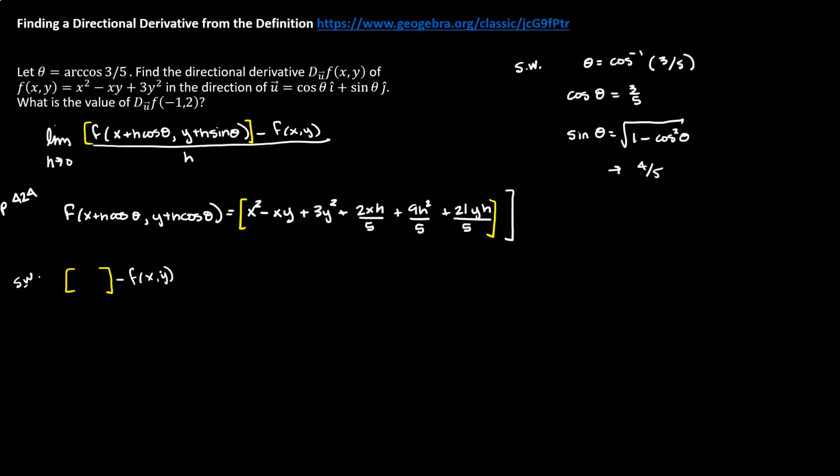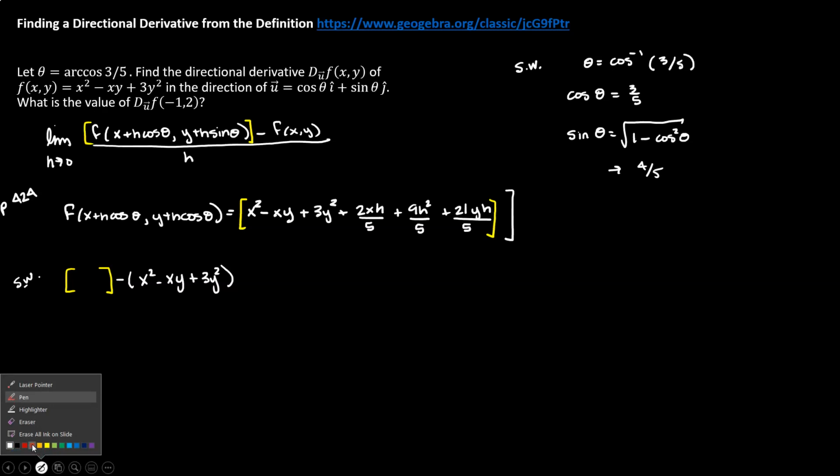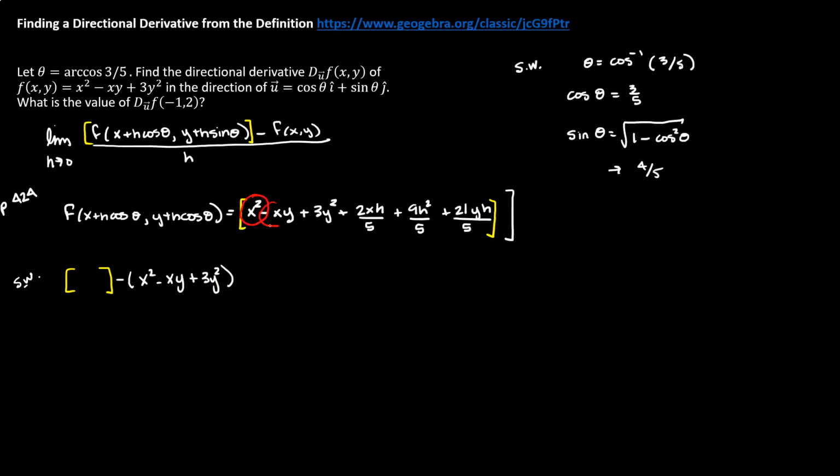Remember that f of (x, y) has the terms x squared minus xy plus 3y squared. So whatever's in these yellow brackets, we'd like to remove x squared from that. We'd also like to remove negative xy, and we'd also like to remove a positive 3y squared, which all happen to show up right here.